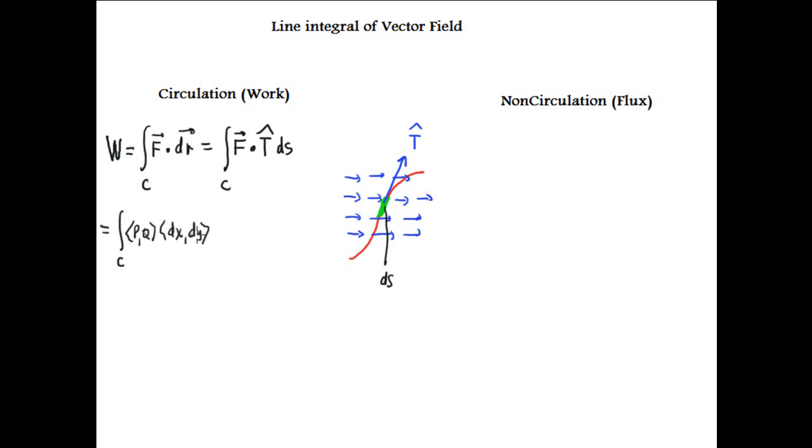The multiplication of this dot product is the integral over C of P dx plus Q dy. And this is the work, when the vector field is a force and dr is displacement.